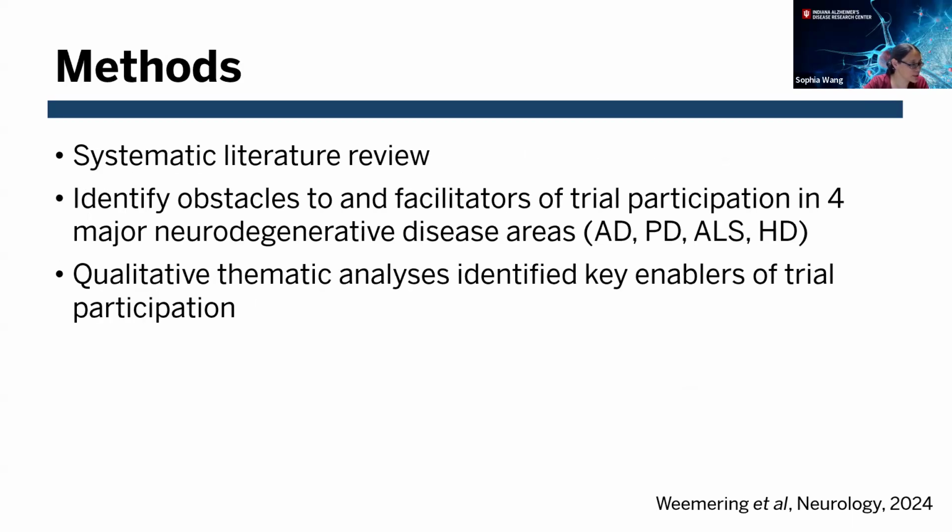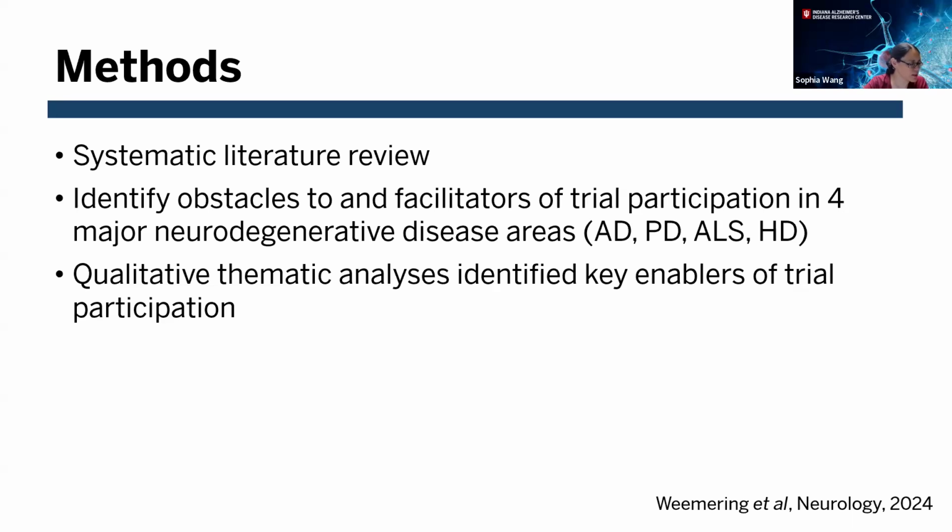So I want to begin again with the science and the literature, looking at a systematic review. This was done for four major neurodegenerative disorders: Alzheimer's, Parkinson's, ALS, and Huntington's. They also did some nice qualitative thematic analyses.